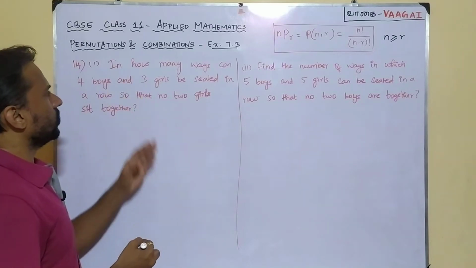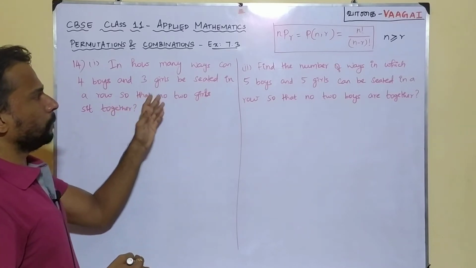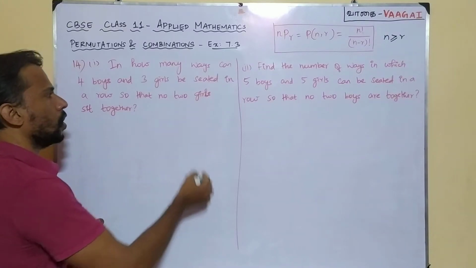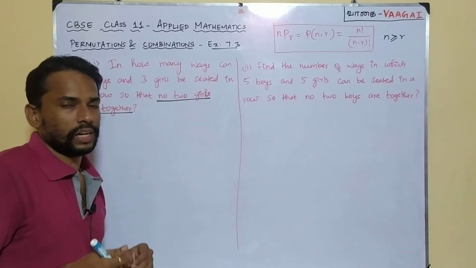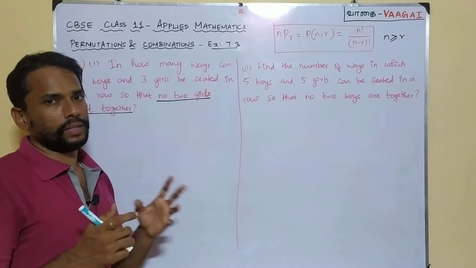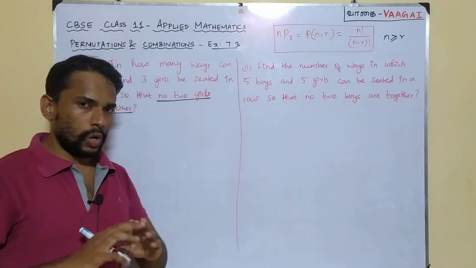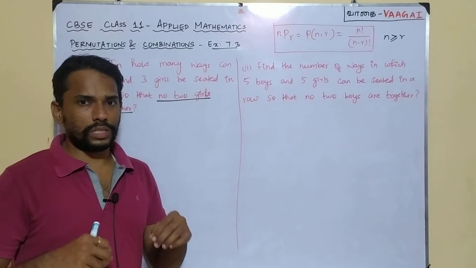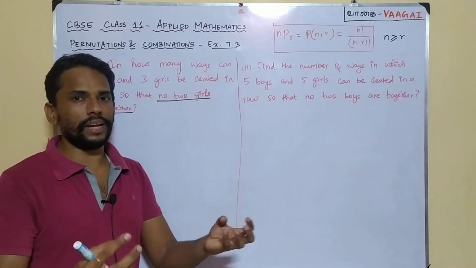Coming to the first subdivision, we have: in how many ways can 4 boys and 3 girls be seated in a row so that no 2 girls sit together. Just be careful with the condition. What do you mean by that? No two girls are together means any two girls should not be sitting next to each other.